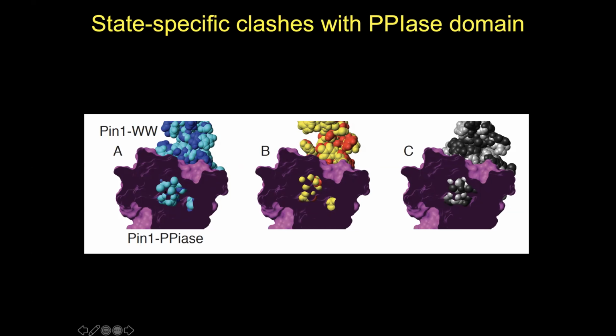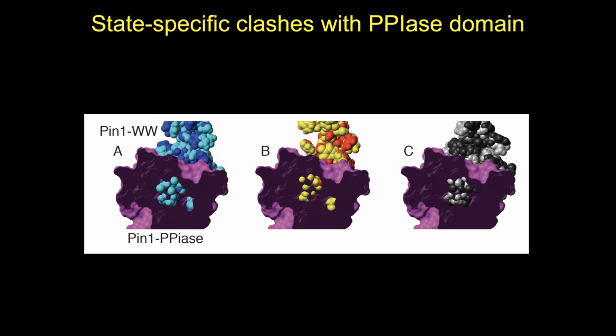This is the cyan one, which would be inside the surface. So it's not possible, right? We observe the same with one of the ligands, and the yellow state would clash. But what do we see with the second ligand? We see that both the black and the gray state actually clash in the interface domain. And that's the explanation why this ligand pushes the populations towards the open state. The closed state is to some degree simply not possible anymore.